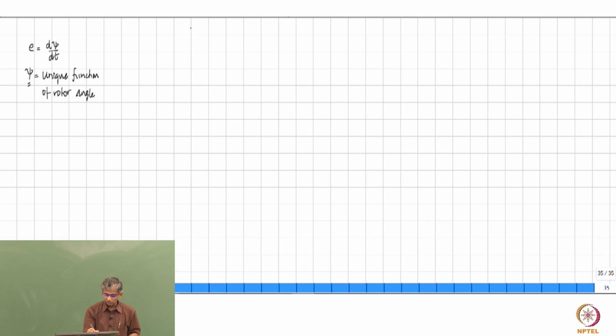So what we will do is first draw the induced EMF waveform that we are familiar with. So that waveform is going to be looking like this.